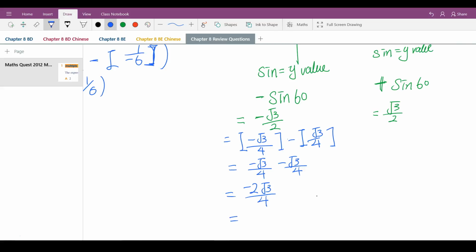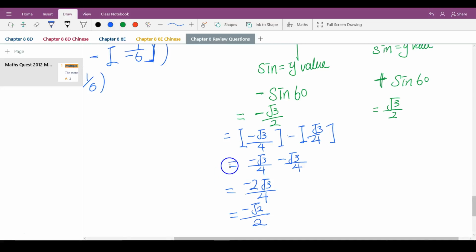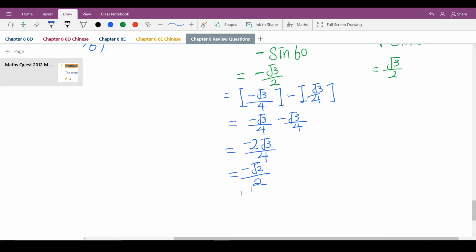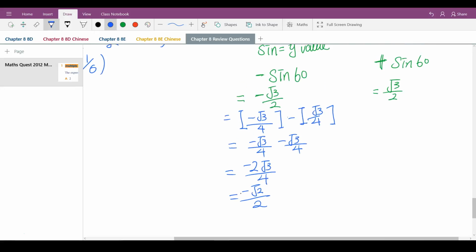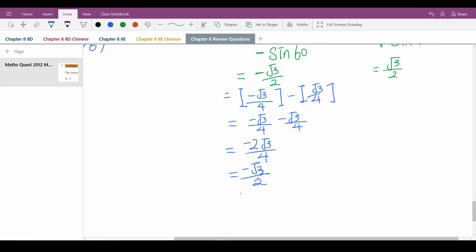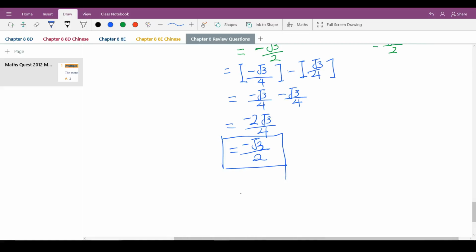And that is just negative root 3 over 2. Oh, root 3, not root 2, root 3. So that's the answer.